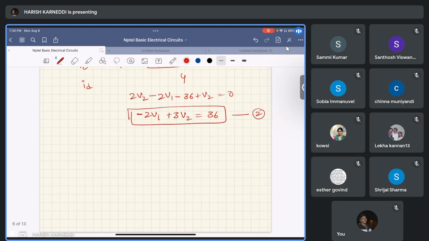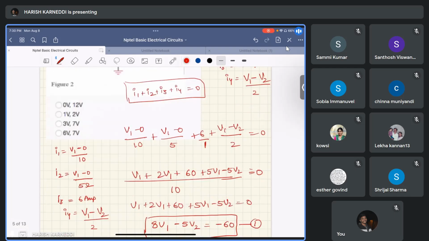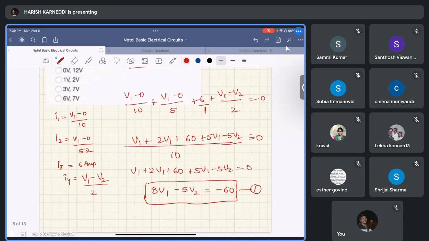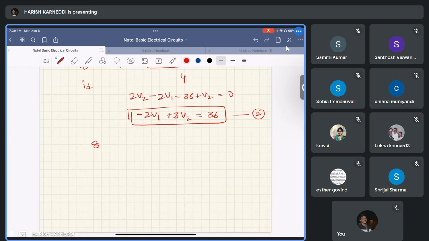By solving these two equations, equation 1 is 8V1 minus 5V2 equal to minus 60, and equation 2 is minus 2V1 plus 3V2 equal to 36.